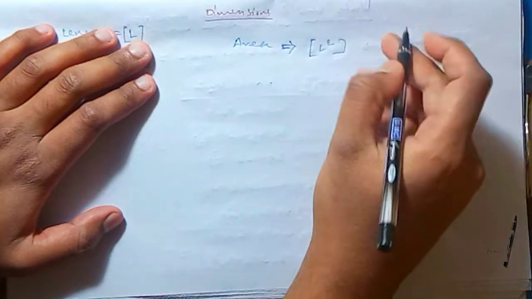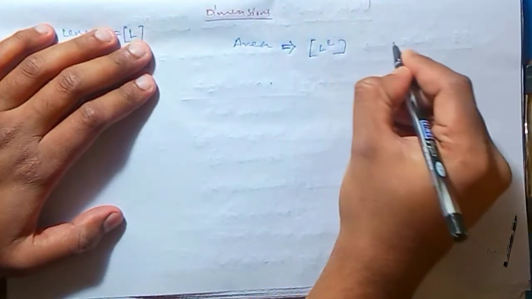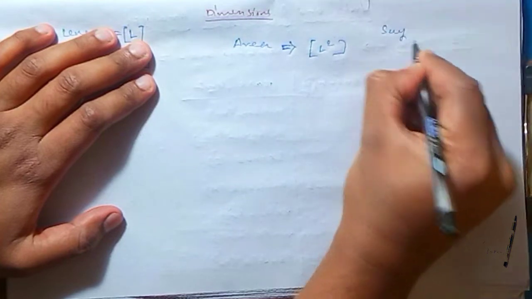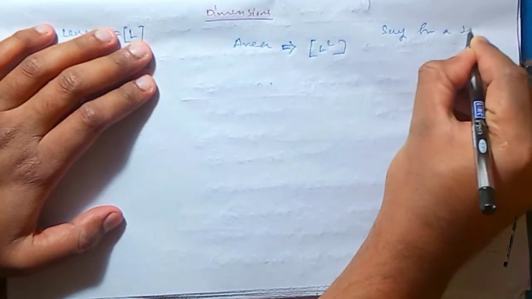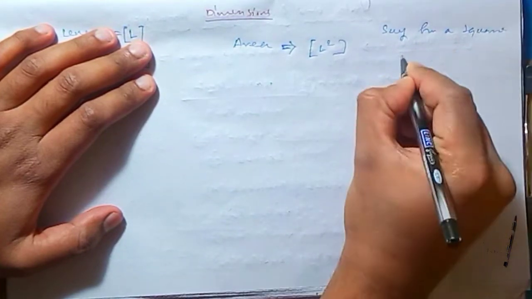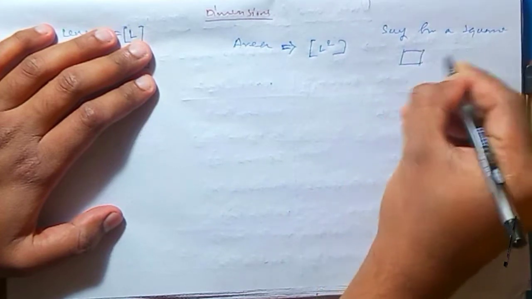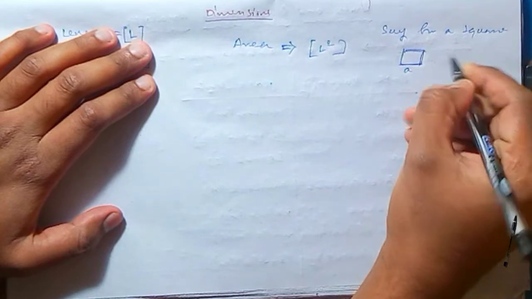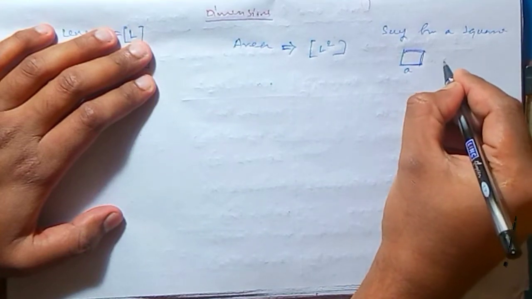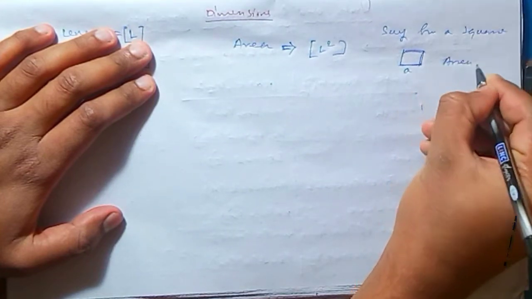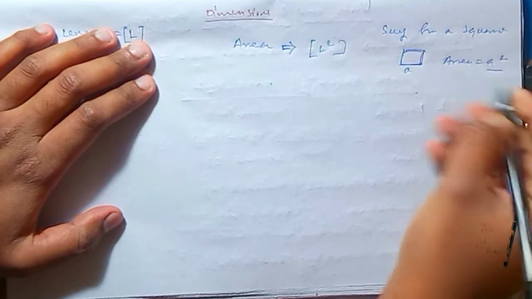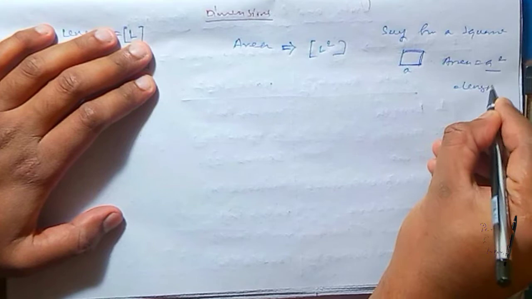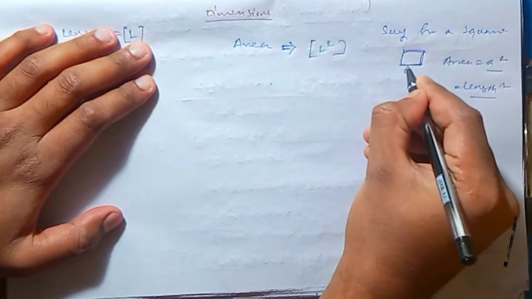If we look at the area of a square of side a, the area will be a squared. This is length squared, since the side is a length.